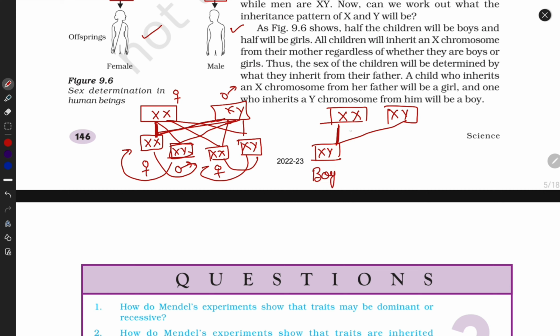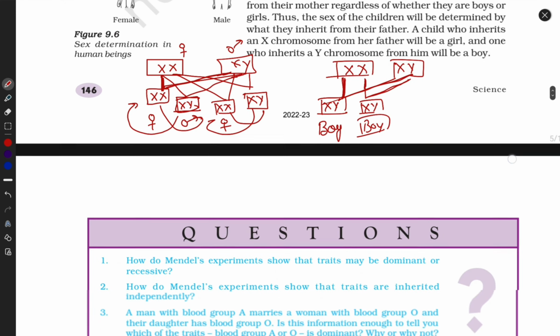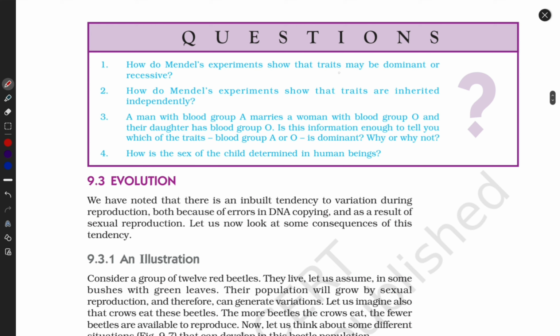And again if this X crosses with this Y, again a boy. Clear, guys? This is independent. We studied the law of independent segregation, independent cross. Either it fuses with this X or with this Y first. Okay, guys? Clear? That is your question.